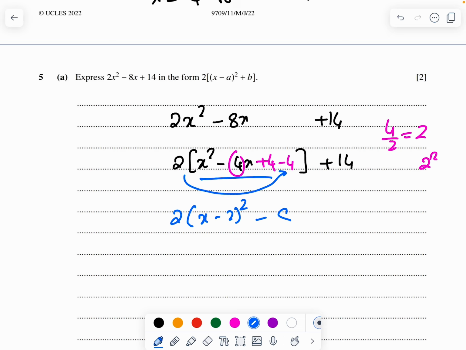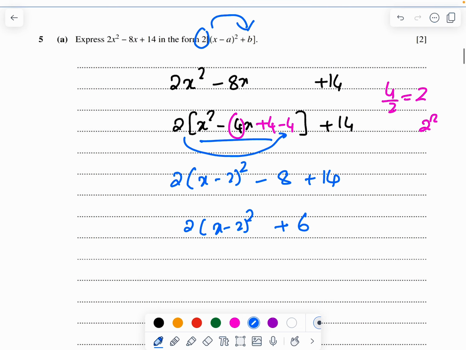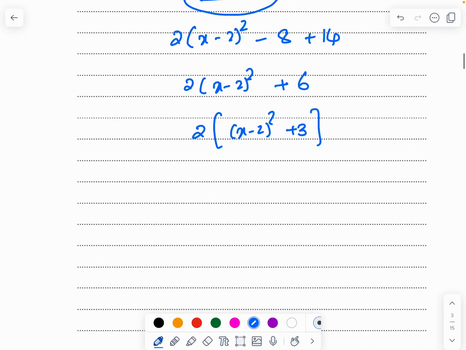Then 2 times negative 4 is negative 8, plus 14 gives 6. So I get 2 times x minus 2 whole squared plus 6. But you can see that 2 has been taken common from the entire thing. So again take 2 common: 2 times x minus 2 whole squared plus 3. This is going to be the answer.